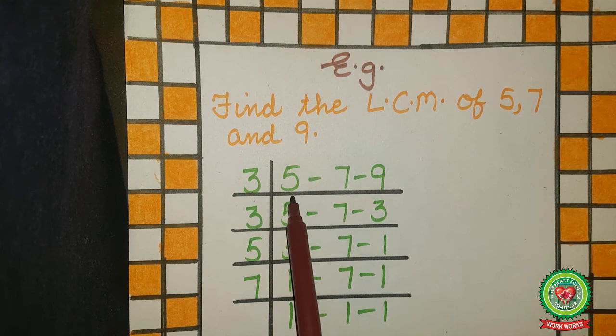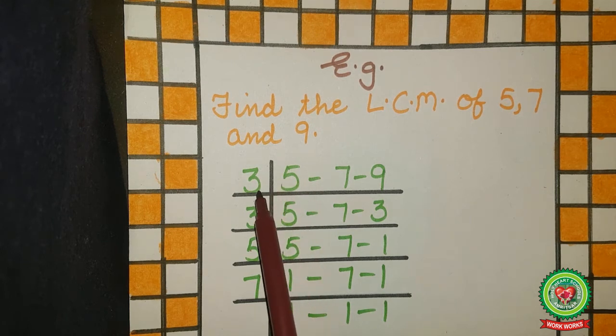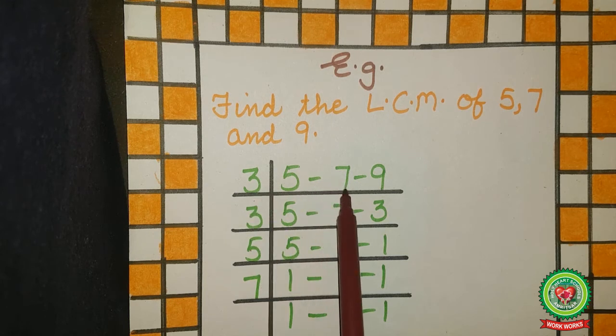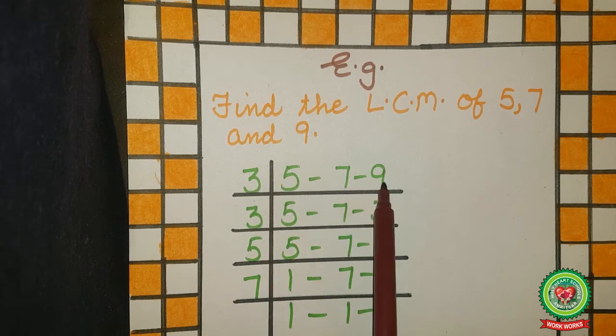On 3 table 5 doesn't come, so bring it down as it is. On 3 table 7 doesn't come, so bring 7 down as it is. On 3 table 9 comes, and it comes on 3. 3 3s are 9. So below 9 write down 3.